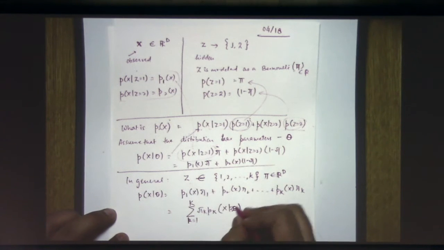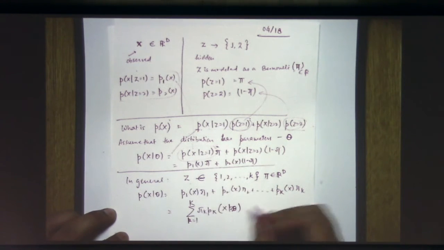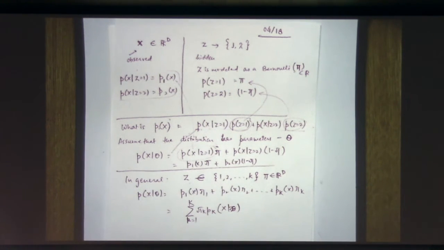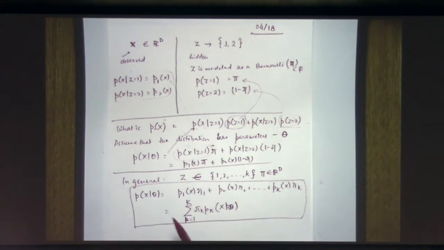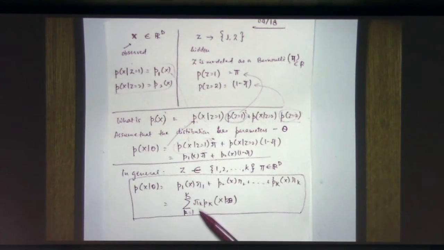Sometimes we also write the theta here because theta are just the parameters of this distribution. So this is the general form. If I know all of these values, then I can compute the probability of x. You can think of these pi's as some kind of mixing probabilities.